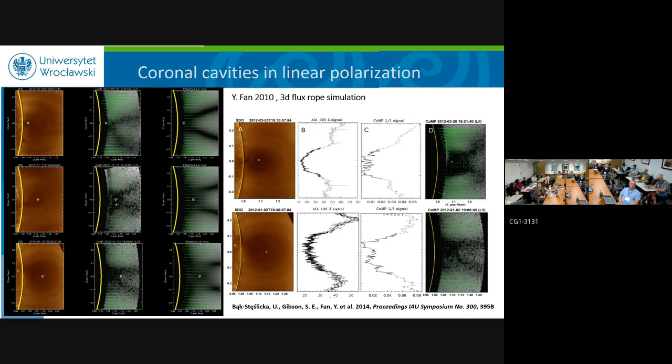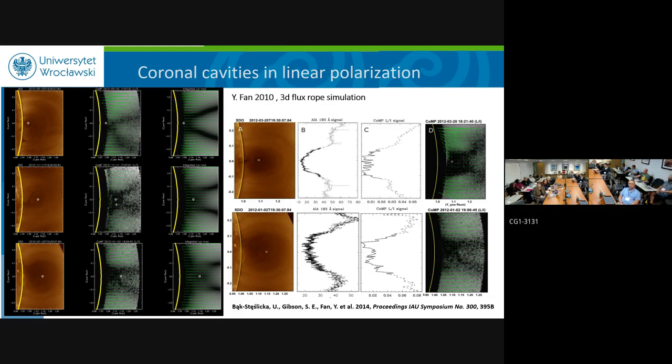I will not tell you more about this because Sarah has a talk and she will explain everything. But even now you can see that the model matches the observation very well. To make this model, we used a UHOXFAM simulation with the flux rope, and we could explain such observations with the flux rope model.